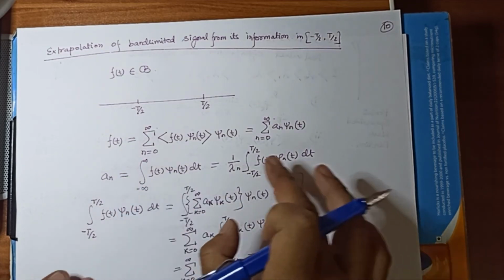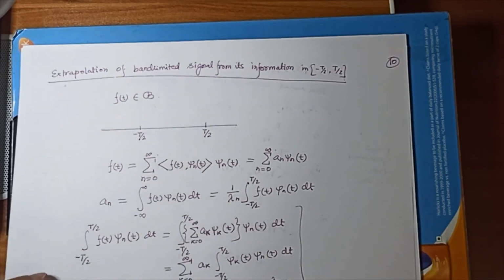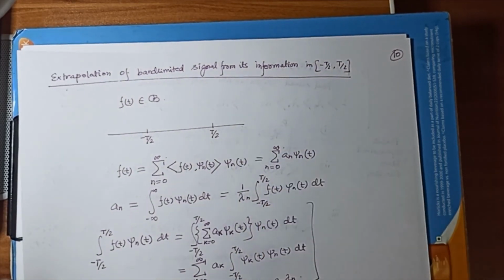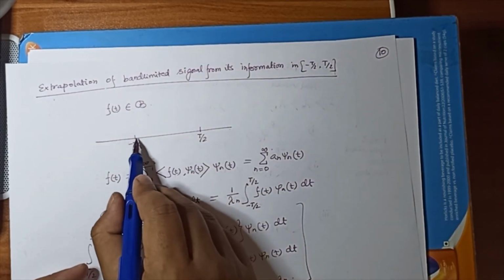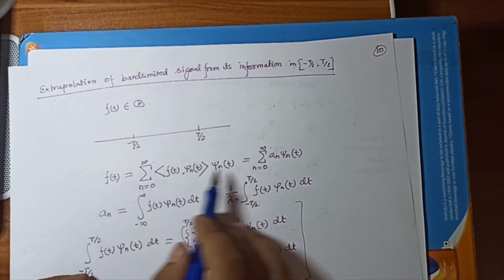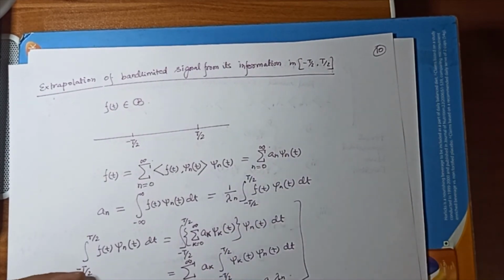So once you get this, what we can do for the approximation is truncate at some suitable capital N. So the corresponding approximation will be that, and initially f(t) was known only between minus T/2 to T/2, but when I am writing f(t) like this, it is for all t.